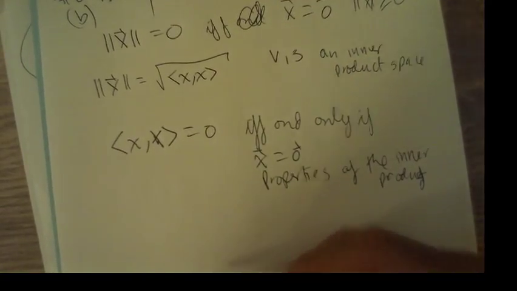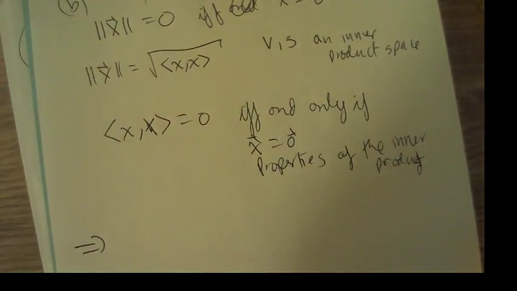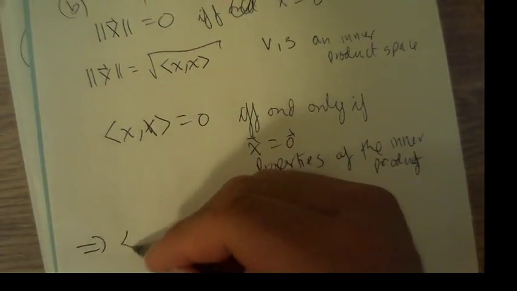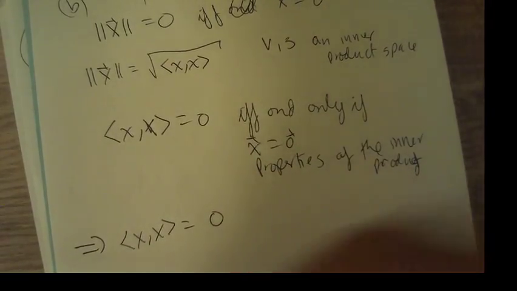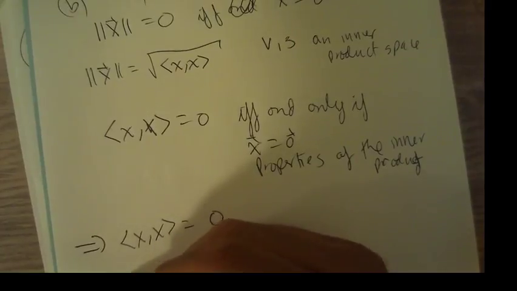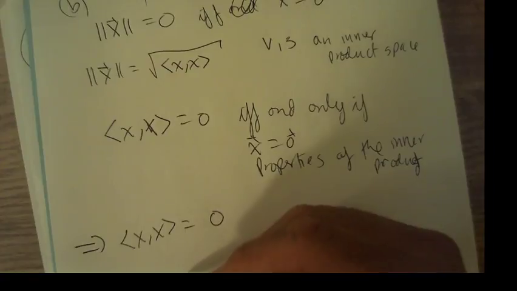Okay, so here, if we go in this direction here, where we know that the inner product is equal to 0, then we get the norm of x is equal to 0.